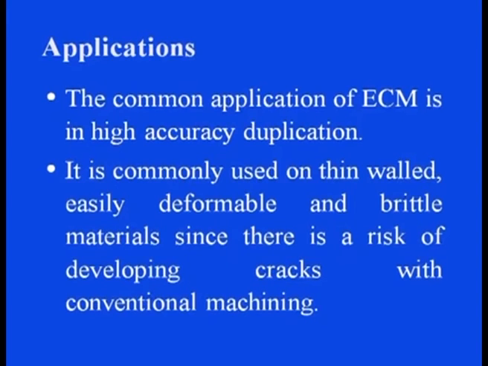Now, let us quickly look at the applications of this process. The common application of this process is in high accuracy duplications. It is commonly used on thin walled, easily deformable and brittle materials, since there is a risk of developing cracks with conventional machining.